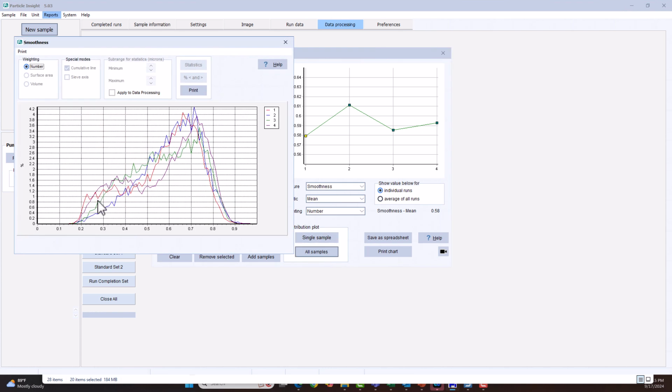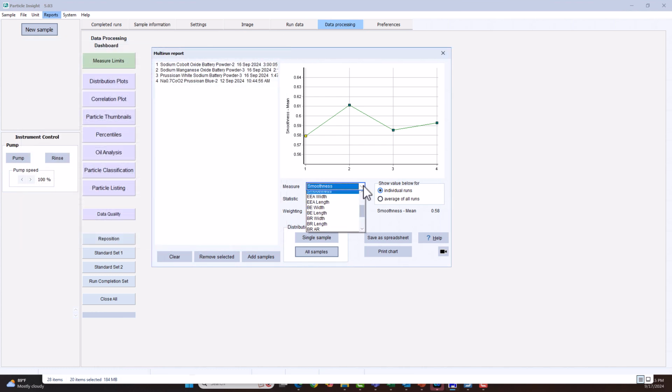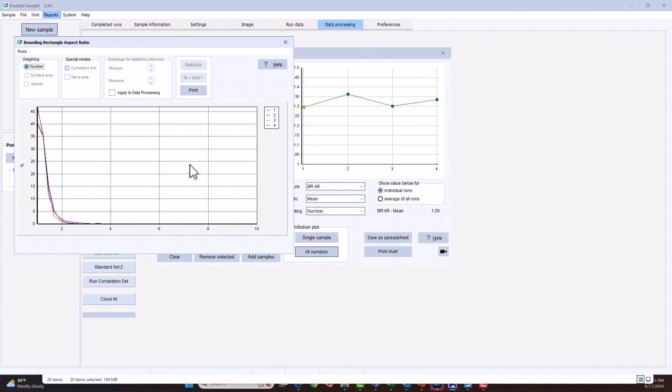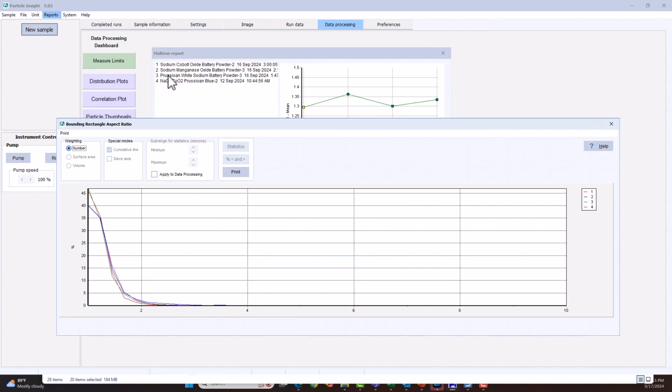So smoothness, this is just the irregularity of the perimeter of the shape. So we can look at definitely some differences there. We look at aspect ratio as well. That's another good comparison to look at, and it looks like the Prussian white and the Prussian blue have similar aspect ratios, which is interesting.